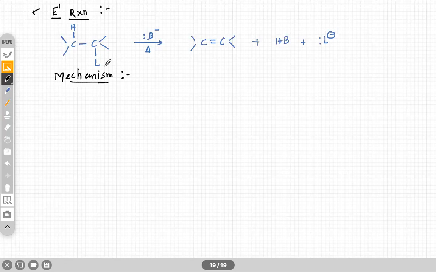The first step is the same: formation of carbocation.